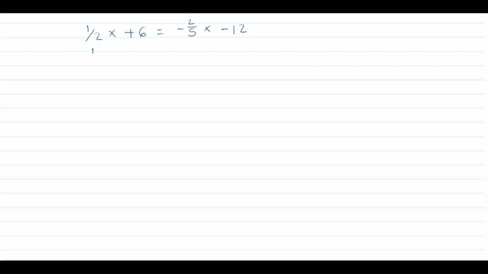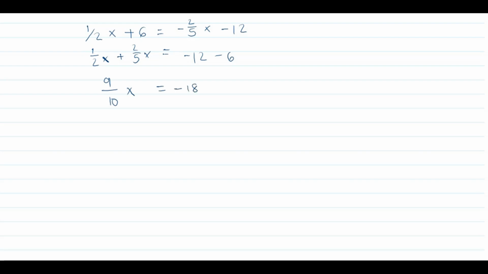So it's 1 over 2x plus 2 over 5x is equal to negative 12 minus 6. So 1 over 2 plus 2 over 5 is going to give you 9 over 10x, and that is equal to negative 12 minus 6, which is negative 18, right?